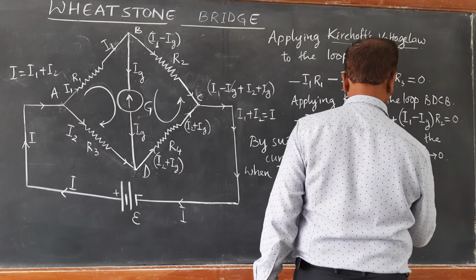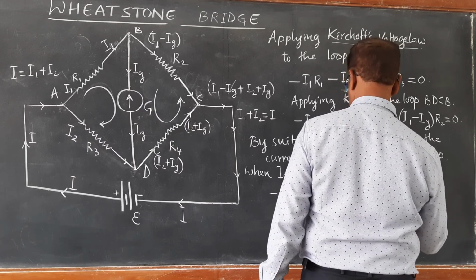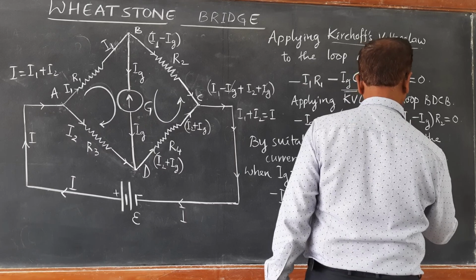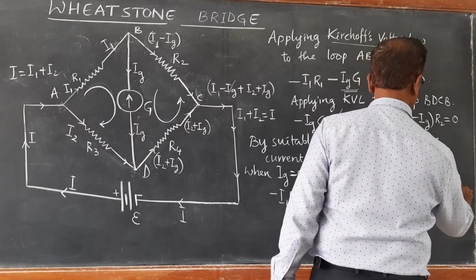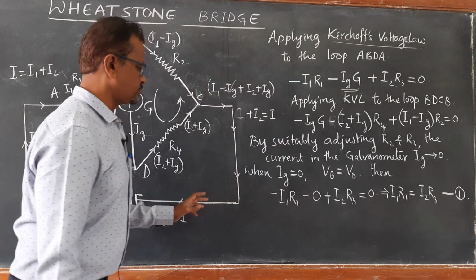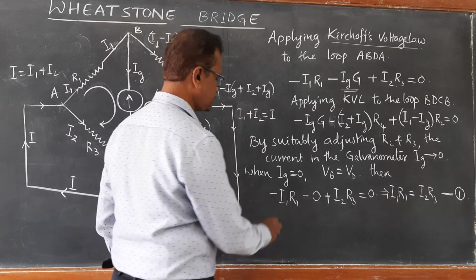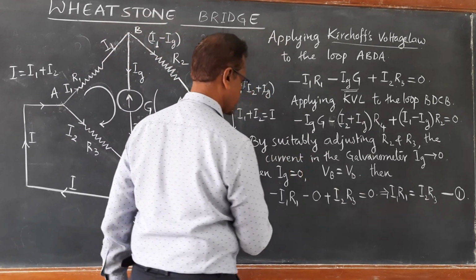This implies I1 R1 is equal to I2 R3. You can call this equation number 1. This is the case when the bridge is balanced, when the current through the galvanometer reads 0 deflection.